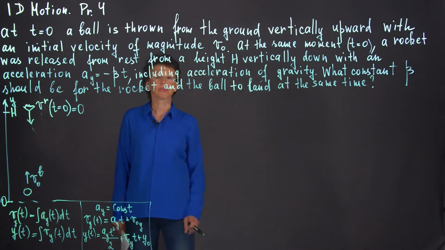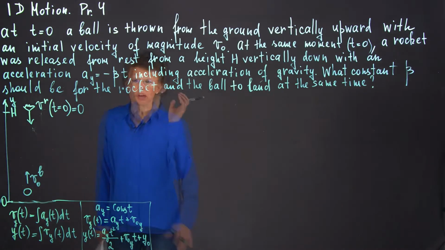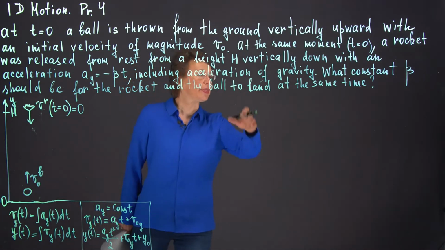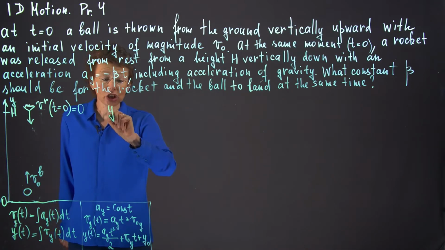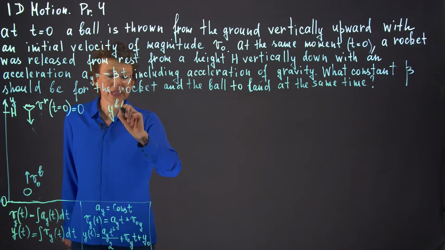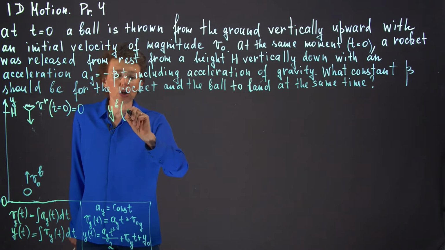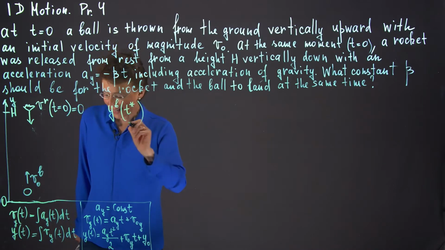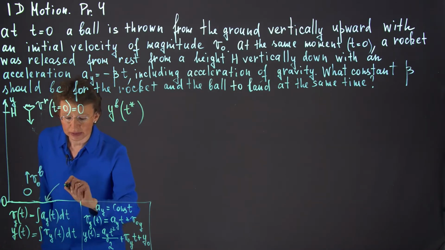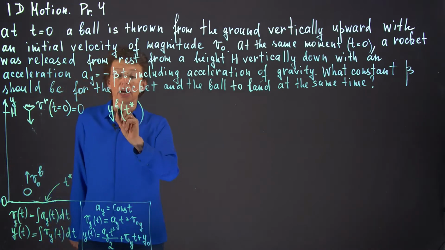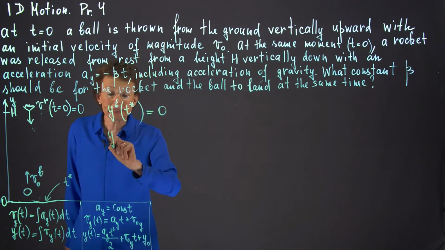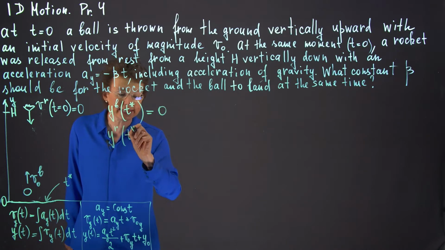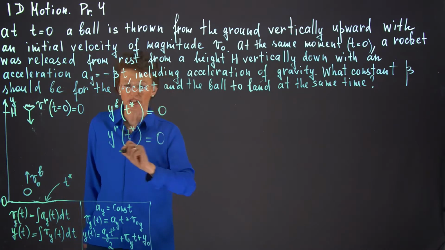What do we do? Let's start from the end. What does it mean that the rocket and the ball land at the same time? It means that the position of the ball at the specific time, let's call it t star, when they land, is 0. And the position of the rocket at the same moment t star is also 0.